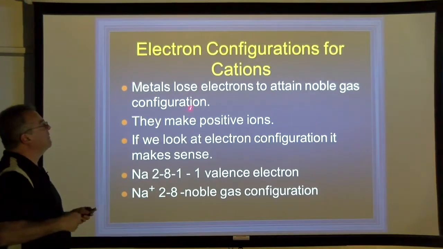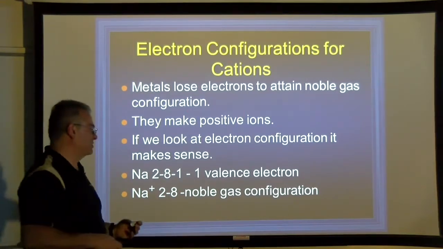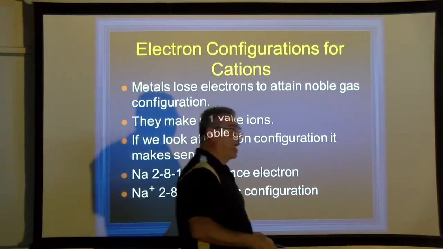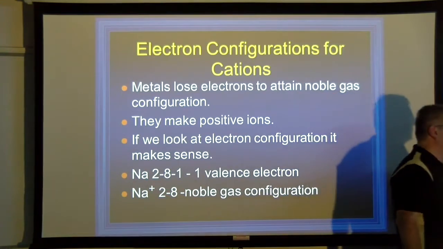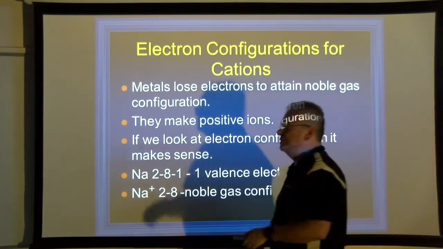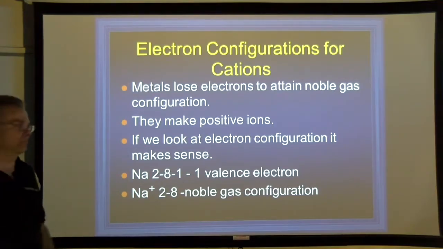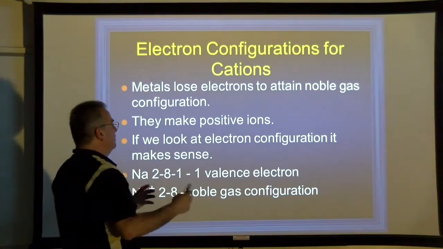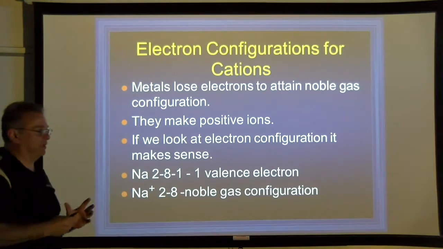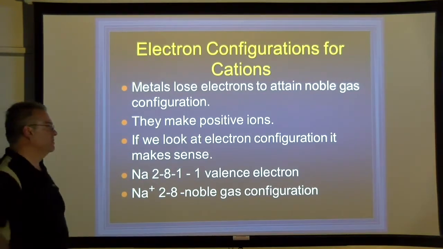So, remember that metals lose their valence electrons. That's how they react. So when they lose their valence electrons, as a reminder from last session, they shrink in volume. And by losing their valence electrons and shrinking in volume, they become more stable for 2 reasons.